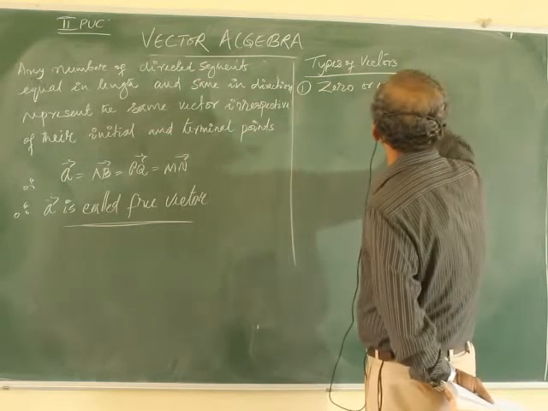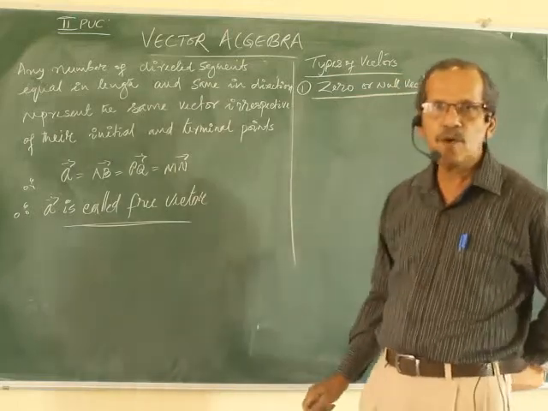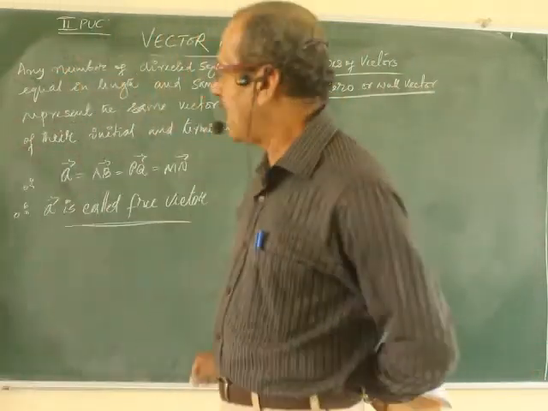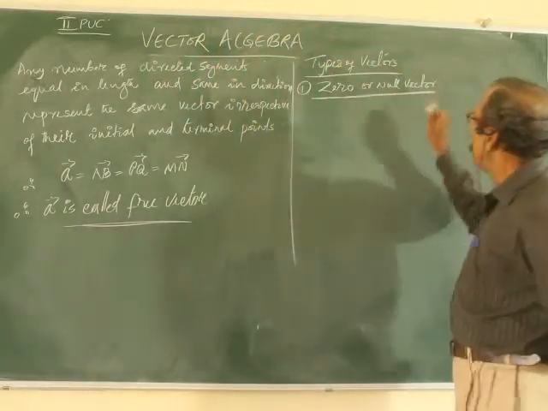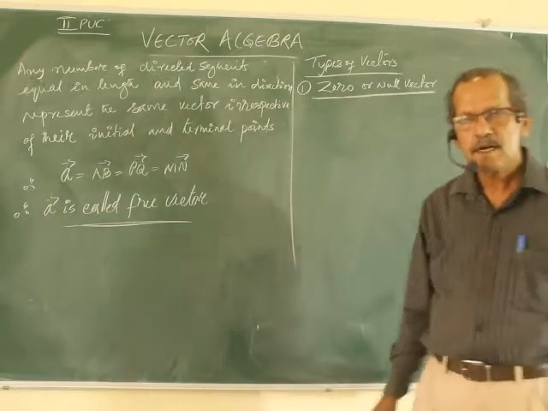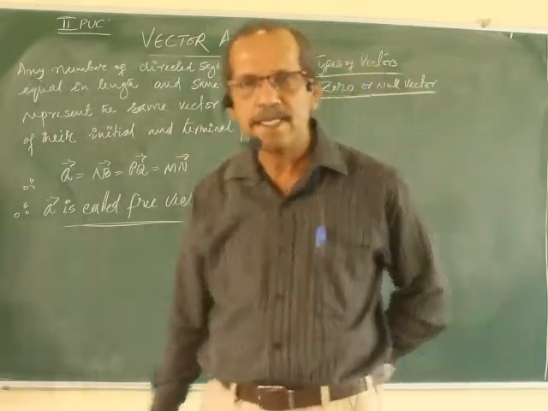What do you mean by this? Zero or null vector: a vector having magnitude 0. It is a vector, but magnitude 0. Draw the directed segment.